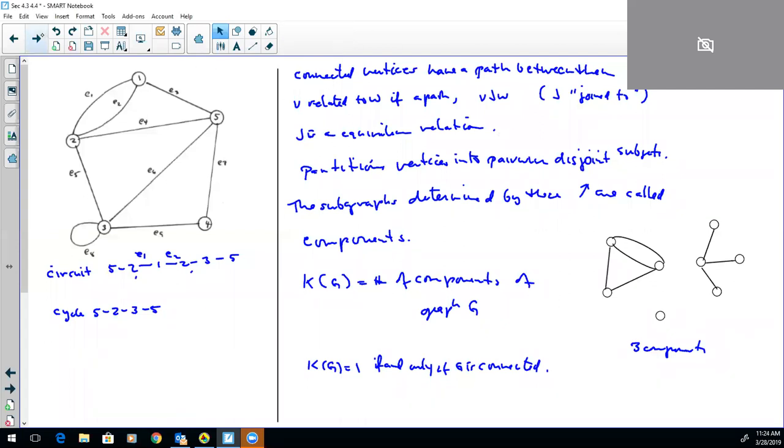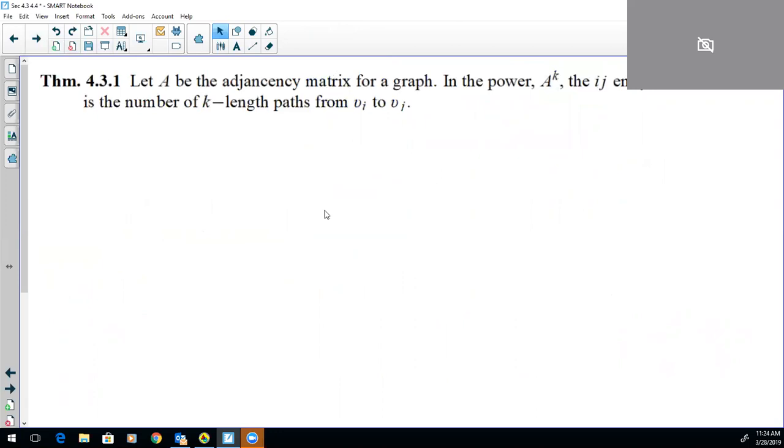Okay, so we're looking now at paths. A path that's made up of k number of edges is called a k-path, a k-length path, or just a k-path. Theorem 431. Very good theorem here. Let A be the adjacency matrix for the graph.